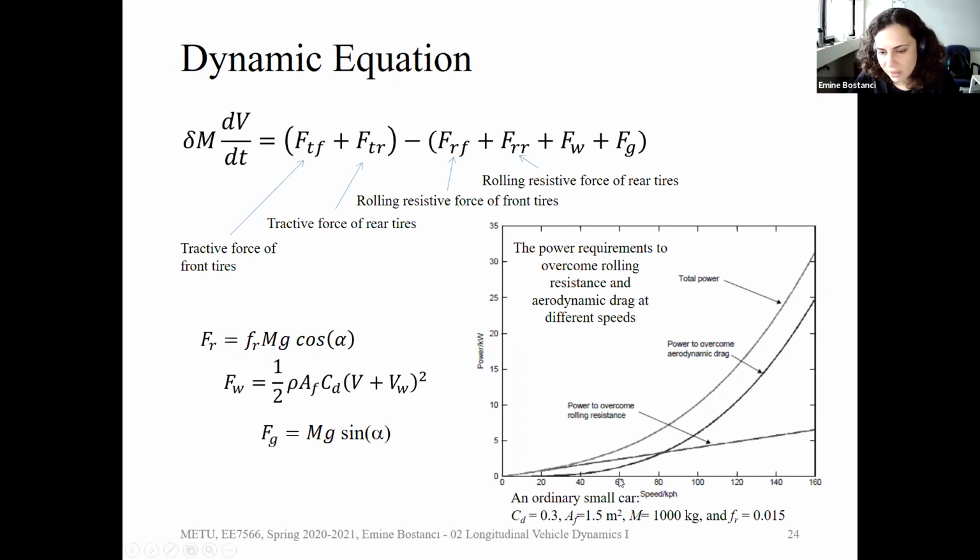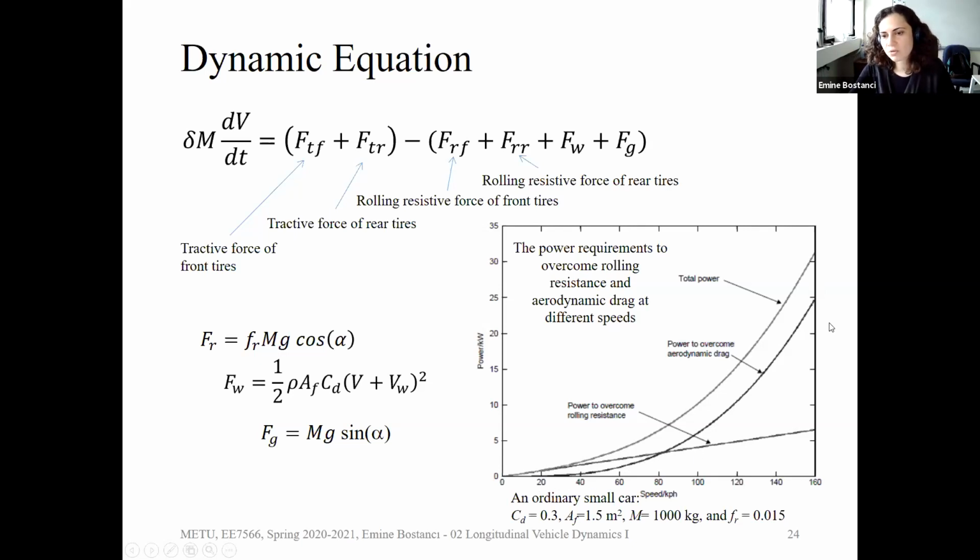In this case, if you want to accelerate up to 160 kilometers per hour, this is how the resistance changes. Rolling resistance is the dominant resistance until 30 or 40 kilometers per hour, or even 60. So until 60 kilometers per hour, rolling resistance is high. The second curve is the aerodynamic drag.